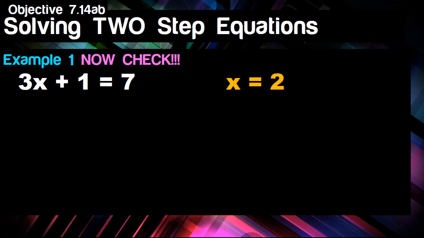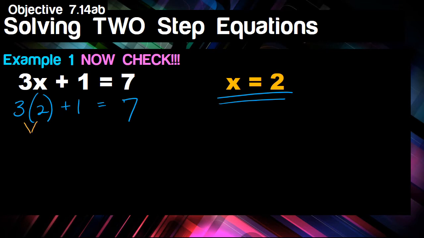So now let's go ahead and check our work here. In order to check, we're going to replace x with the value of 2. So let's go ahead and rewrite the equation here with 2 there. So now let's go ahead and solve everything on the left-hand side using order of operations.